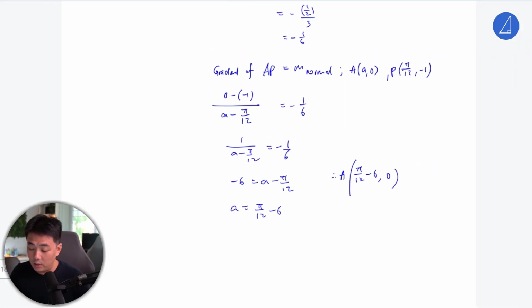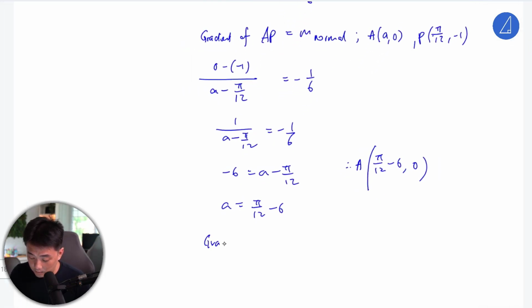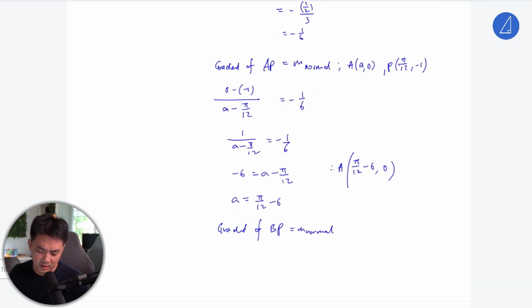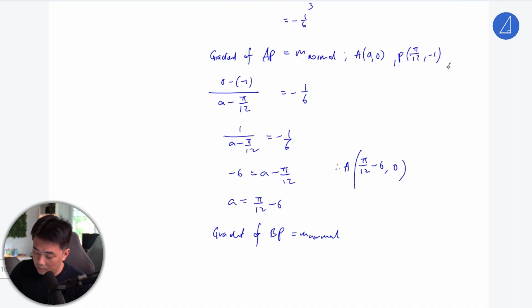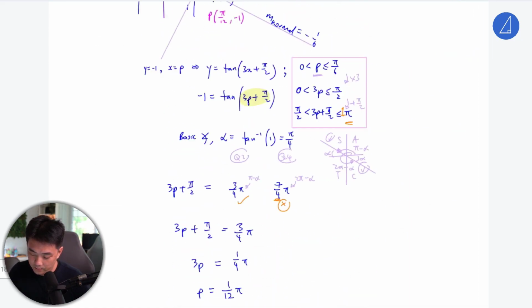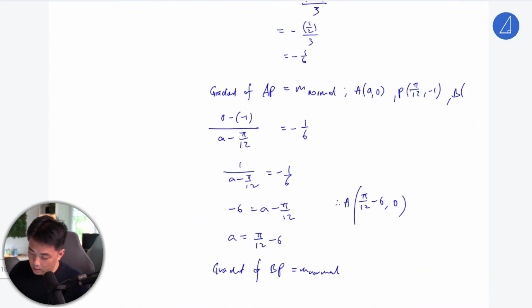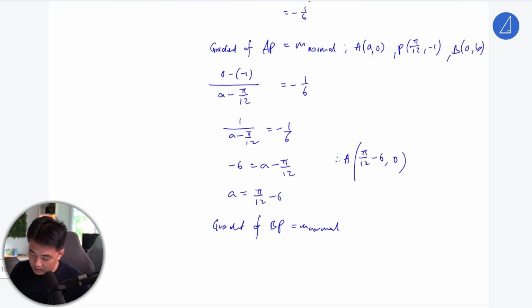Great. Then we do the same for the gradient of BP is equal to m normal. Actually, I think it would be the same if you find the line equation. So B would be 0, B, right? So we do the same.